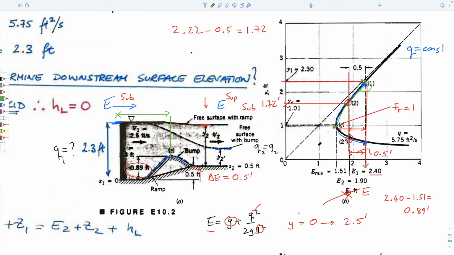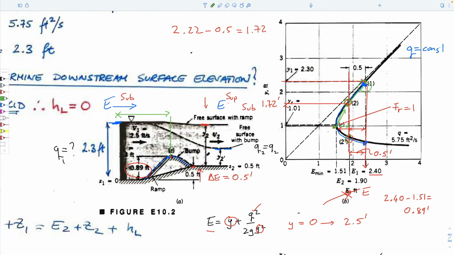And then I guess the flow gets to choose at this point where it goes. And so you come back down here, you're at this depth. Now the bump is receding back to this value here. So I suppose you could go up here, back to this point here, or you could go down to this point here. You have a choice. The water has a choice. It knows its own mind. And I don't know exactly how to choose between those, but it has those two possibilities.